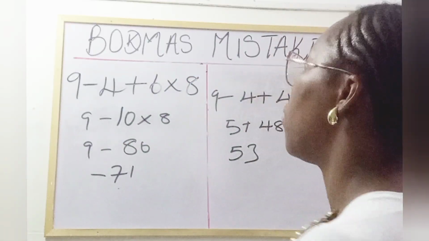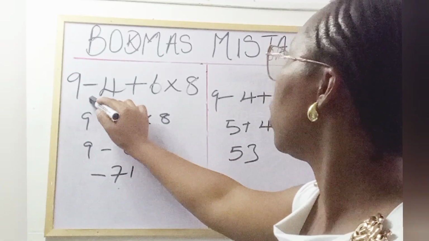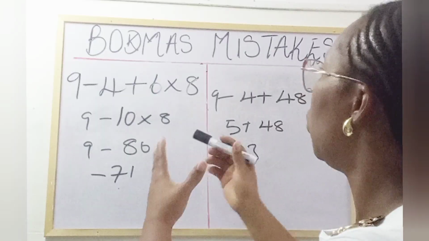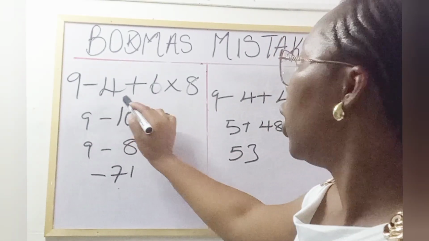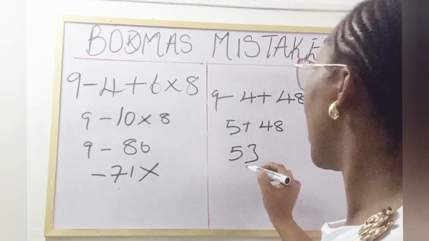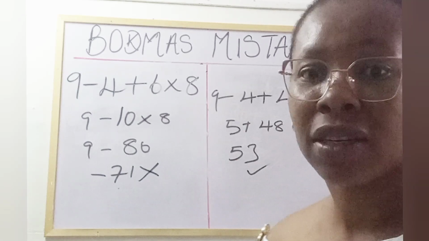So you have to go from left to right. That is why we do this subtraction before we add. So from this calculation, you will first of all multiply, subtract, and finally you add. So this is wrong and this is right. The correct answer to this particular problem is 53.